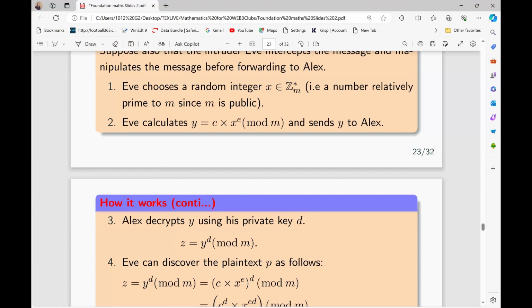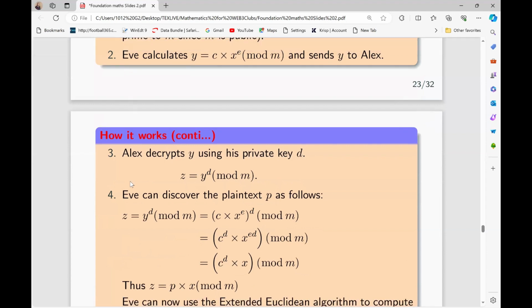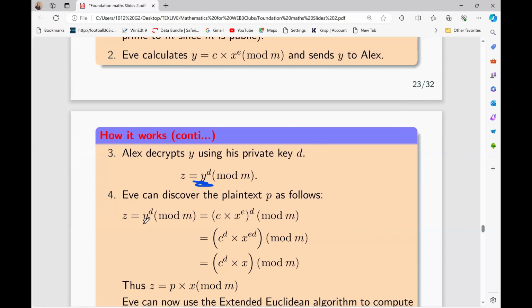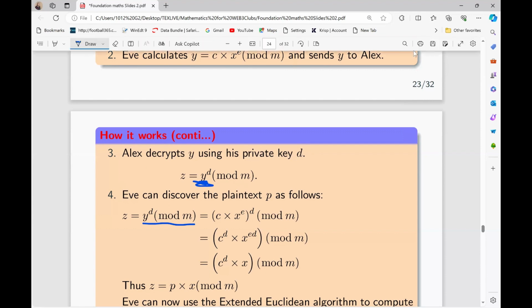Now, let's say the intruder gets Z. Once the intruder gets the Z, he goes back to the calculations and knows what Z was. Z is Y raised to D. But what is Y? So we go back and find out what Y is.